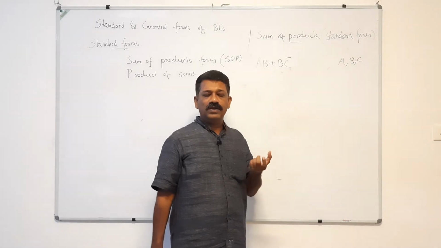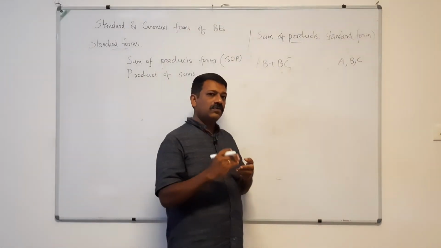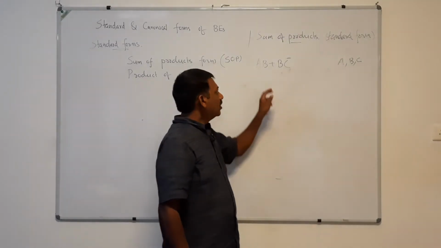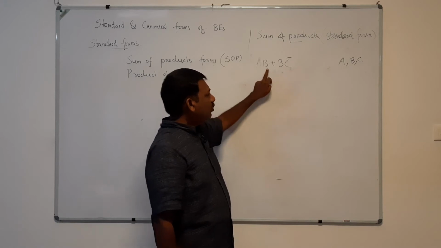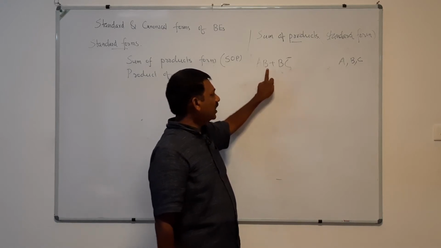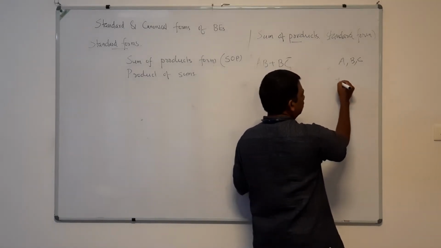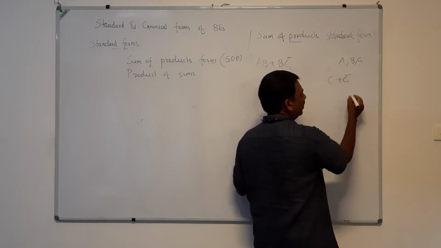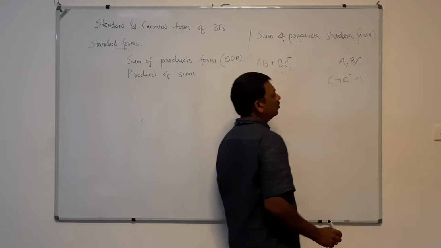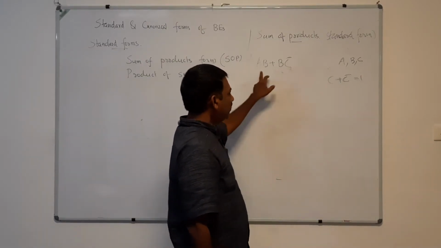Now, AB, I am not having C here. For that, I am going to multiply this AB with C plus C bar. Why? C plus C bar is equal to 1. Multiplying this with 1 doesn't make any change.